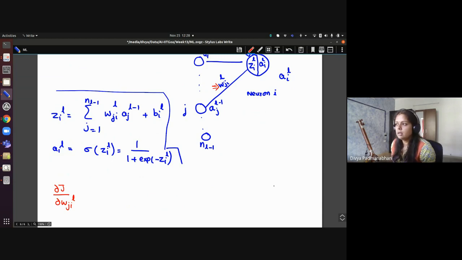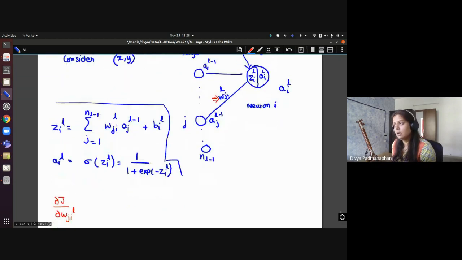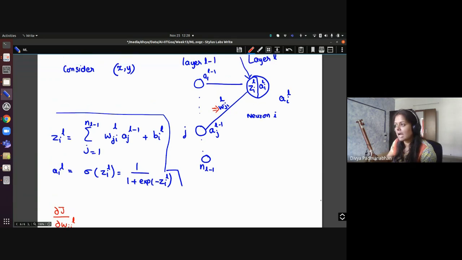Now, what is useful here is the chain rule for differentiation, because there is a Z_i which makes use of W's, and there is again an A_i which acts on this Z_i. Now, after this, you have a layer L plus 1, and here there are many neurons.